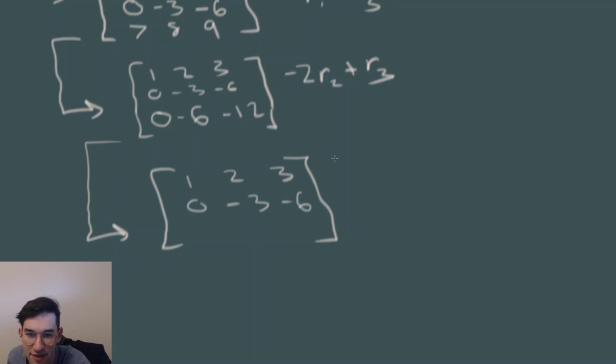Negative 2 times negative 3 is 6 plus 6 is 0. 0 there, 0 there. Negative 2 times negative 6 is positive 12. Oh no. Plus negative 12 here is going to give us a 0.